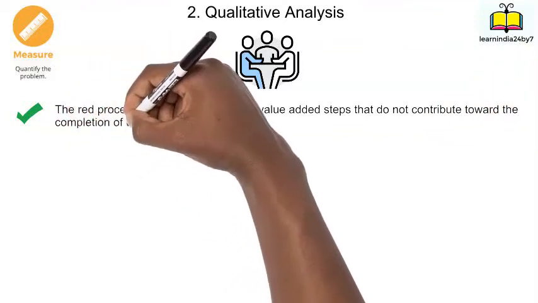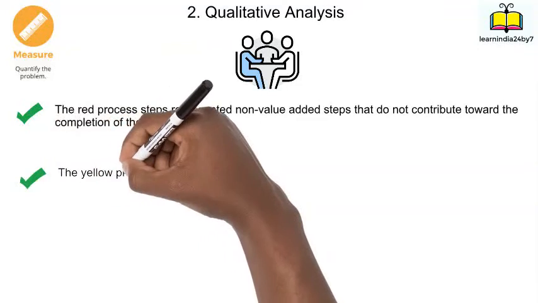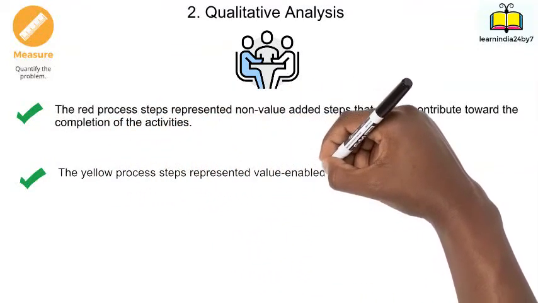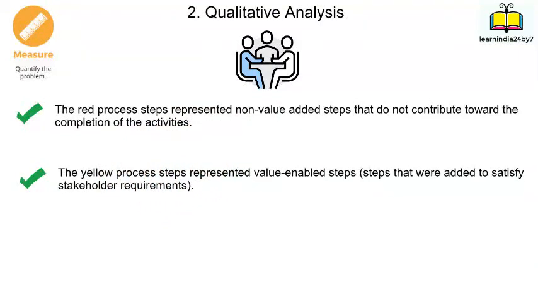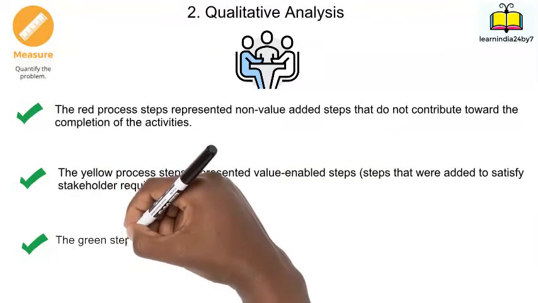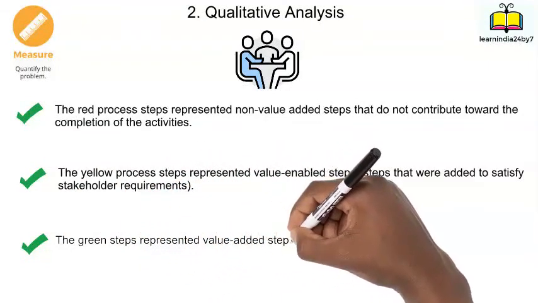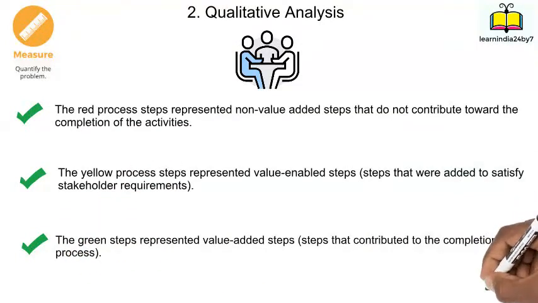The red process steps represented non-value added steps that do not contribute towards the completion of the activities. The yellow process steps represented value enabled steps, steps that were added to satisfy the customer requirement. The green steps represented value added steps, steps that contribute towards the completion of the process.